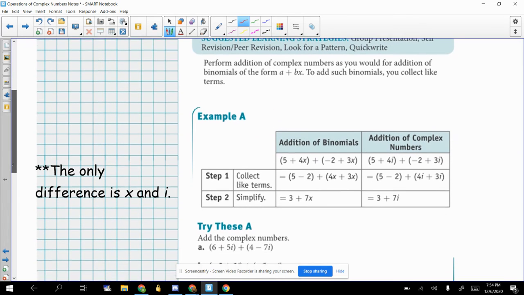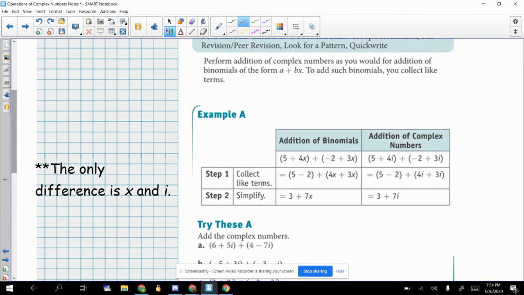Okay. So perform addition of complex numbers as you would for addition of binomials of the form a plus bx. To add such binomials, you collect like terms. So first of all, let's talk about what a complex number is. A complex number is a number that has a real and an imaginary part.